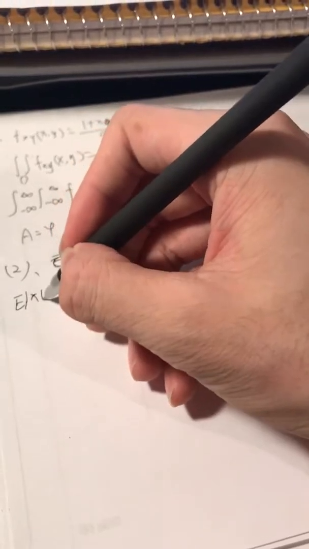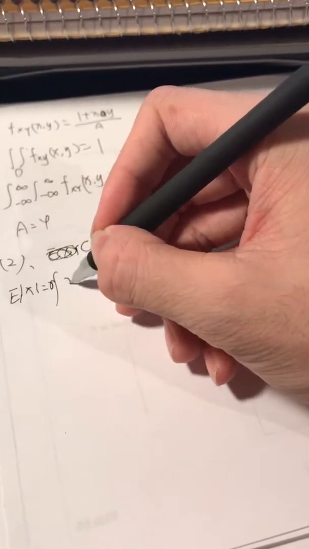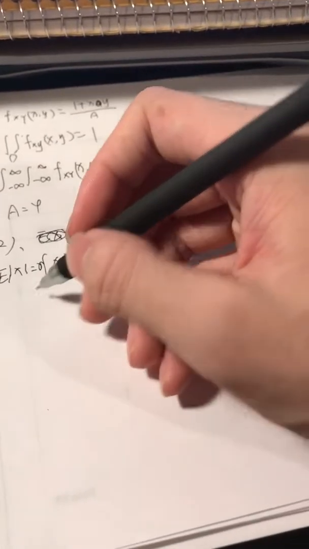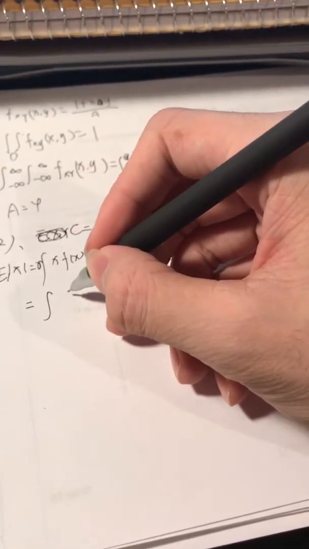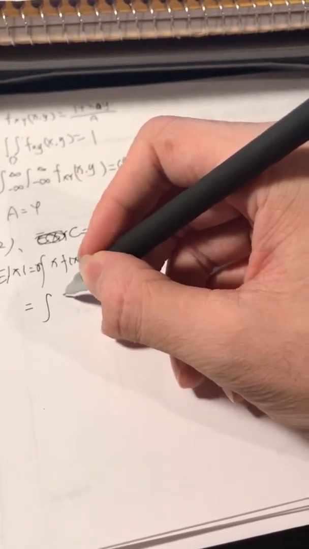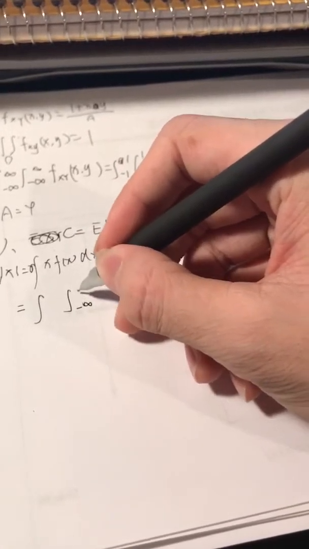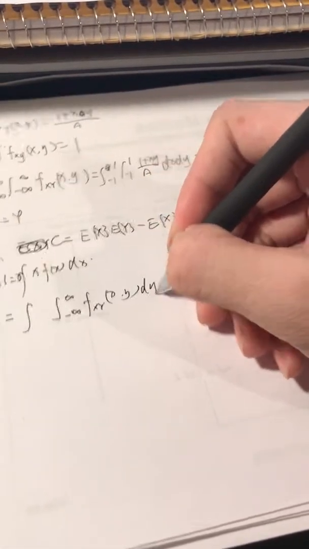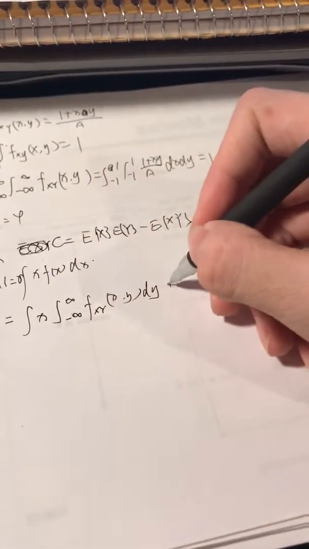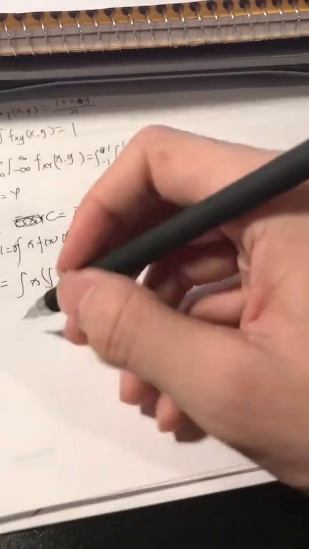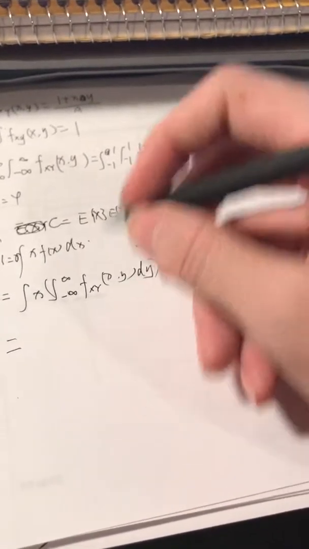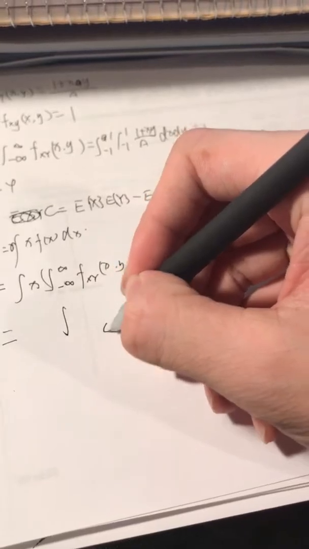We know E[X] is equal to the integral of x f_X(x) dx, and it's also equal to the double integral of f(x,y) dy times x dx.